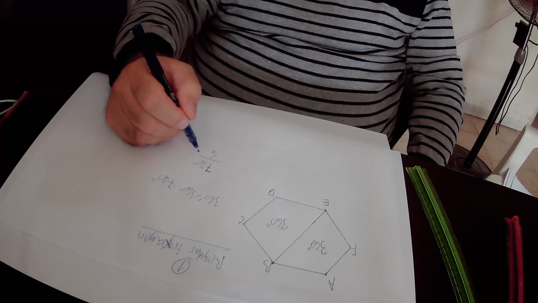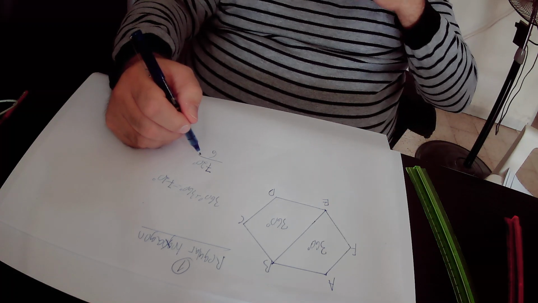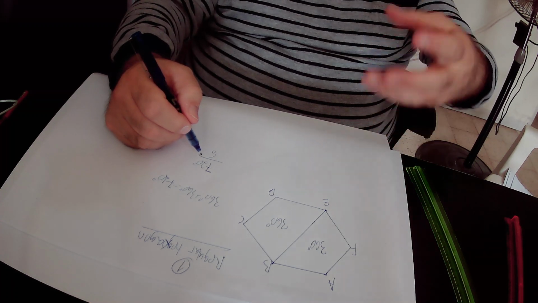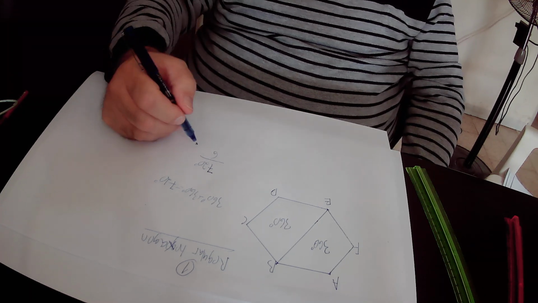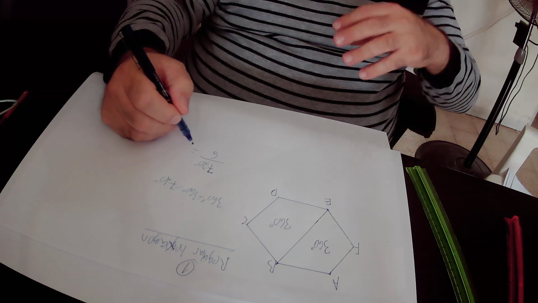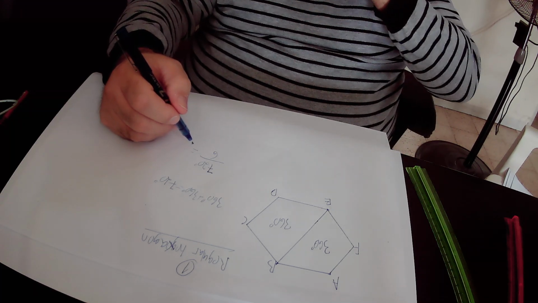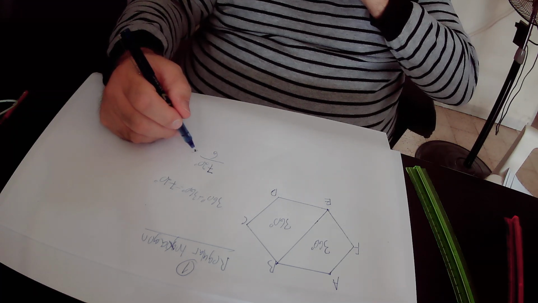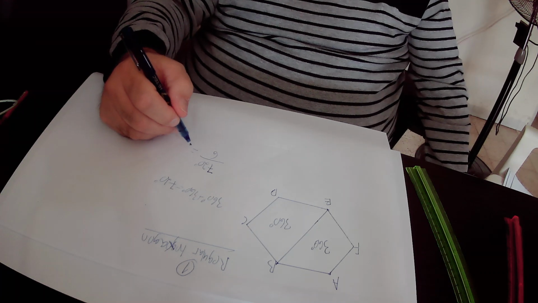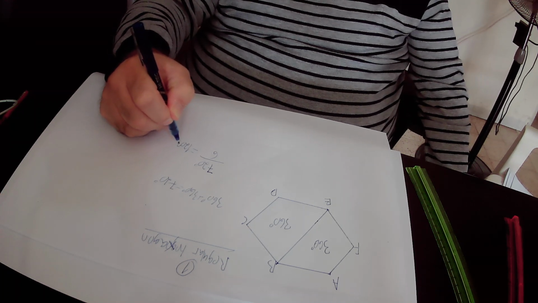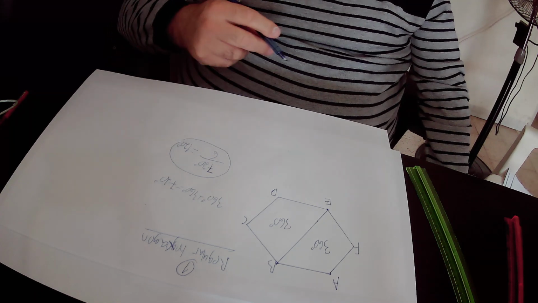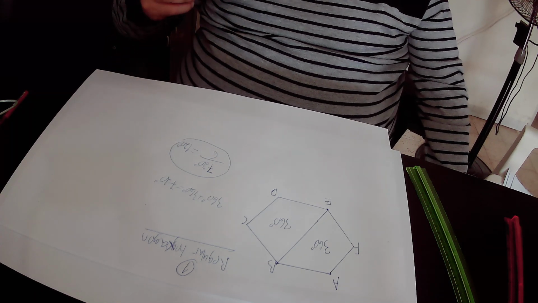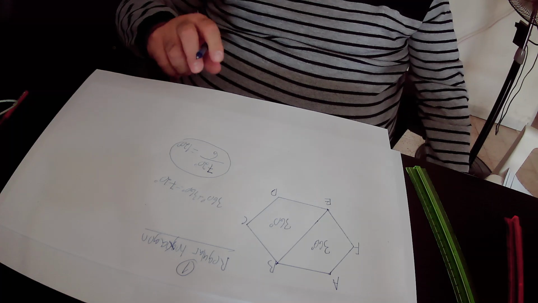So the total sum of the 6 angles over 6 will give us the size of one angle. Why? Because all the angles are equal to each other in their sizes. So 720 degrees over 6 is 120 degrees. So we actually found out that each angle in any regular hexagon is equal to 120 degrees in its size.